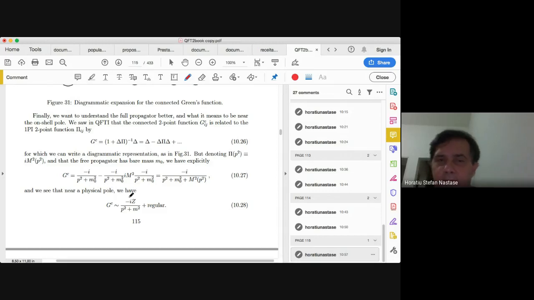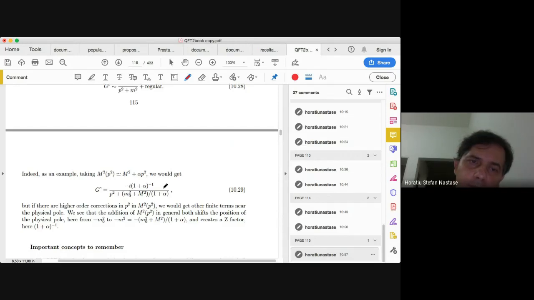And that is of the type minus i z over p squared plus little m squared, where z is some function, and little m squared is a priori different from m0 squared or from m0 squared plus capital M squared. Why is that? Well, near the physical pole, near where this blows up, it is this plus a finite part.